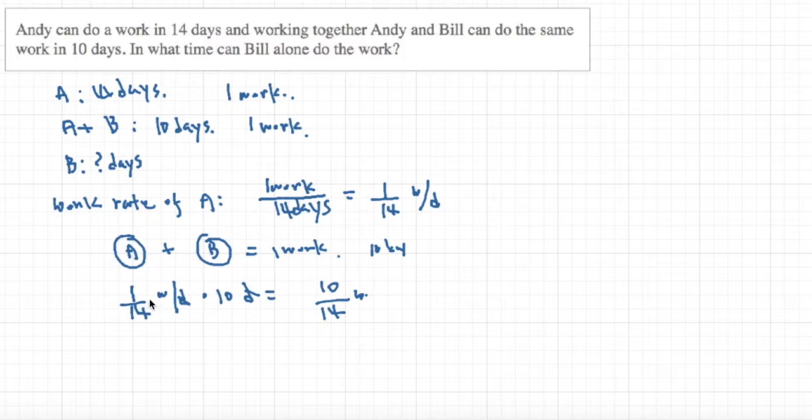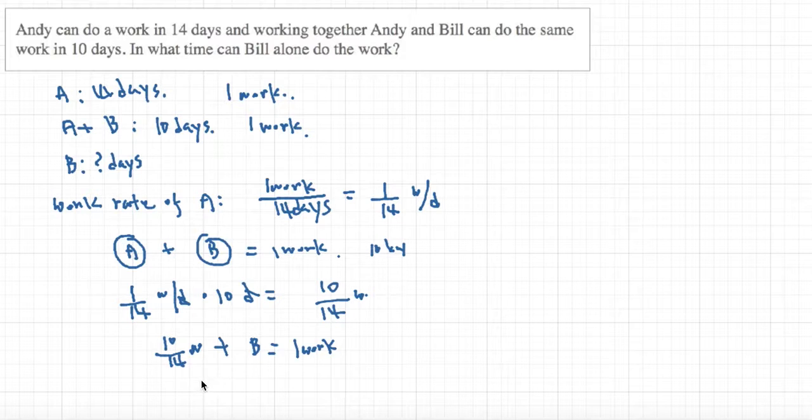Since A is 10 over 14 work, we don't know how much work is done by B. Let's say B. But when we add up these two works, it should be one work.